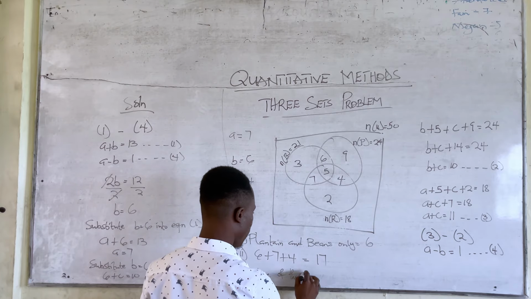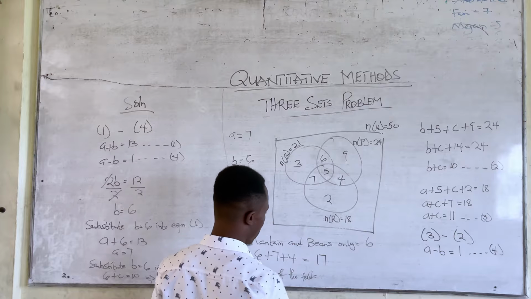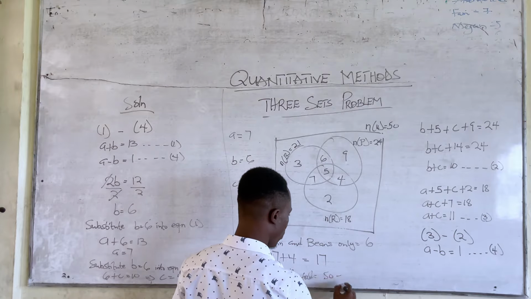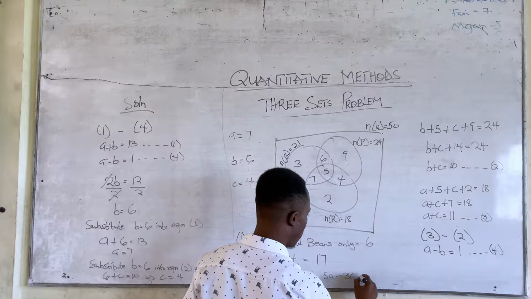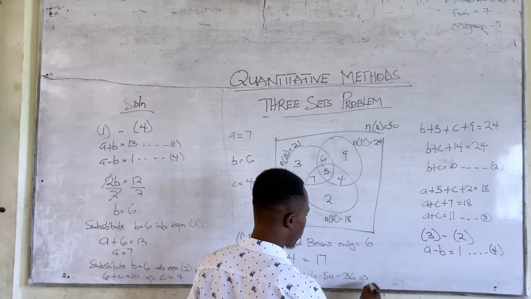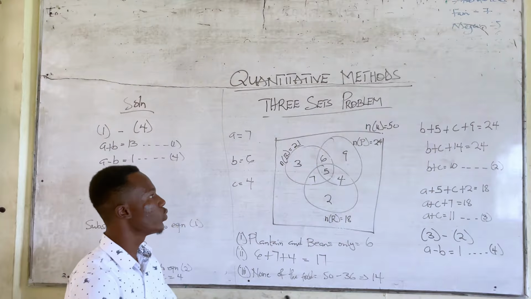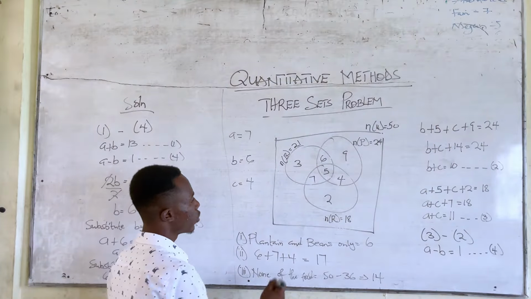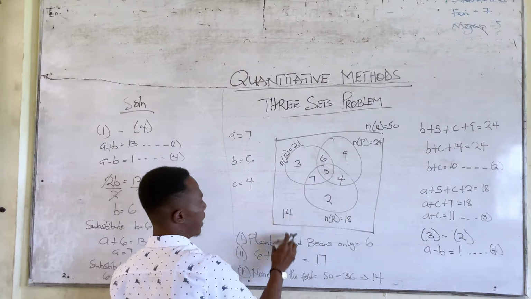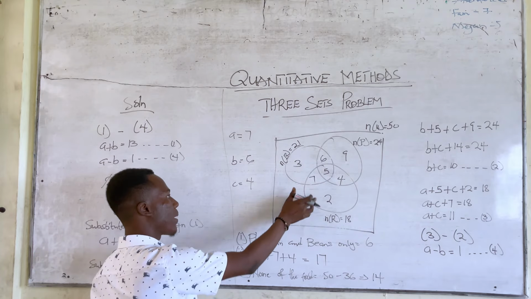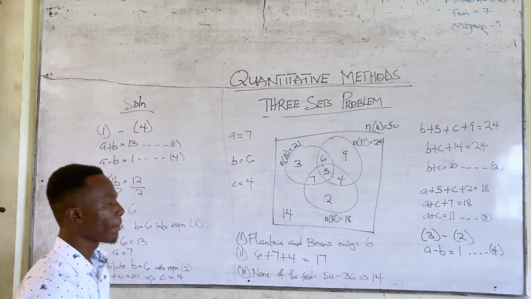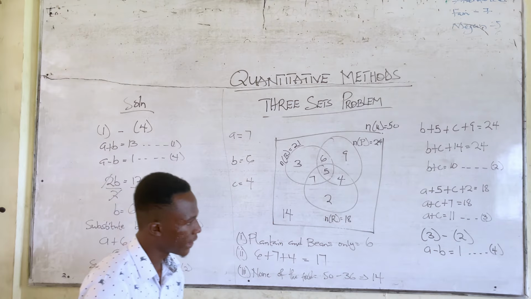None of the food is equal to your 50 minus the 36 we had. And the answer is 14. Okay, so it means we had 14 officers who did not take any of the food. So we are going to bring the 14. It is supposed to be in the box, but outside the circles. Okay, yes. And so that is for the third question.